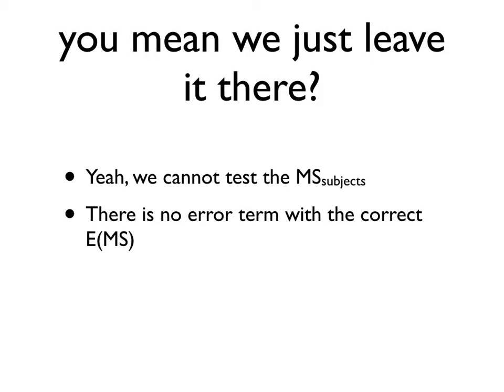Now the question I could ask you is, who cares? Are you going to come up with the exciting scientific discovery that people are different from each other? Call the Nobel people right away. Stop the presses. We're going to publish this in Science and Nature. People are different.